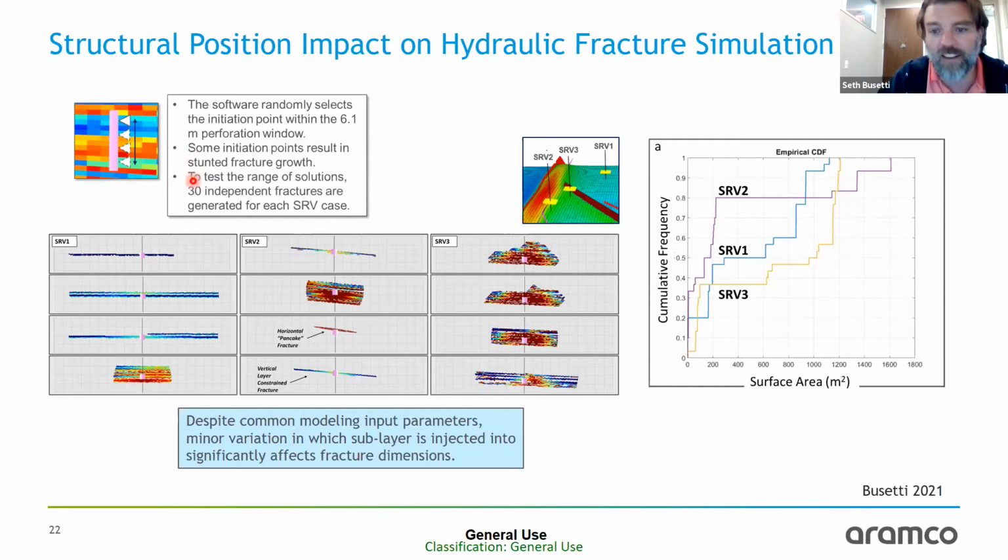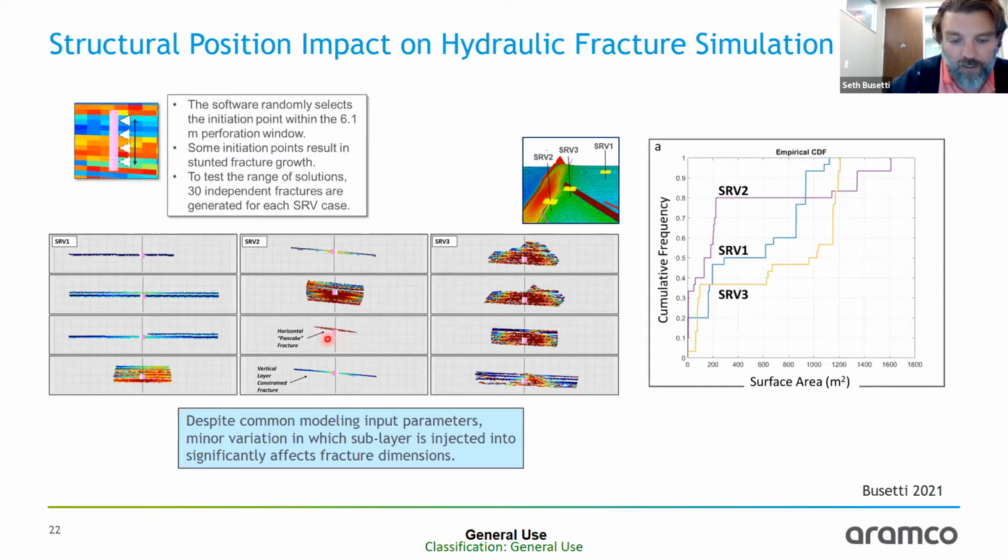I'm not going to talk about it in detail, but I do want to identify that if you look at the different structural locations, the injection properties are the same, the mechanical stratigraphy is the same, but the ranges of hydraulic fracture patterns are different. You get different responses. This is surface area. This is run a bunch of times, with different stochastic realizations, different surface areas, different fracture patterns.